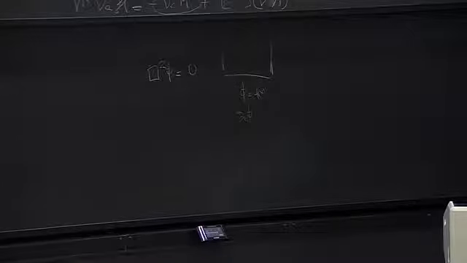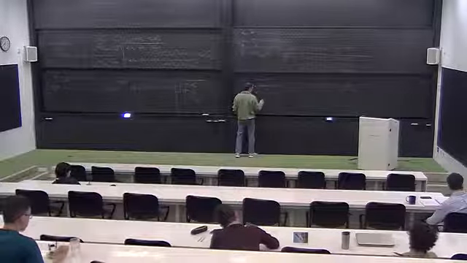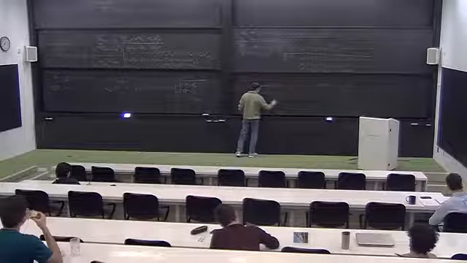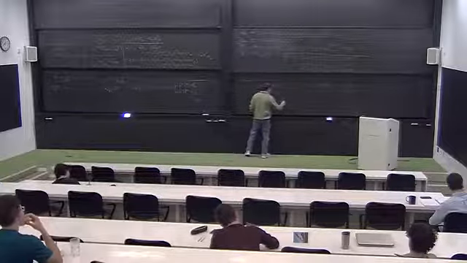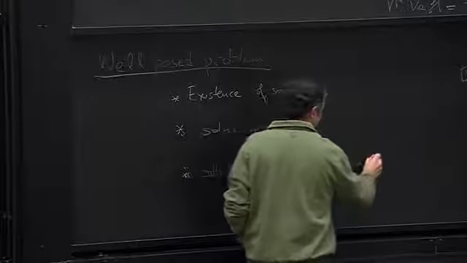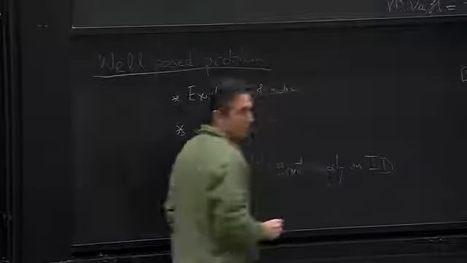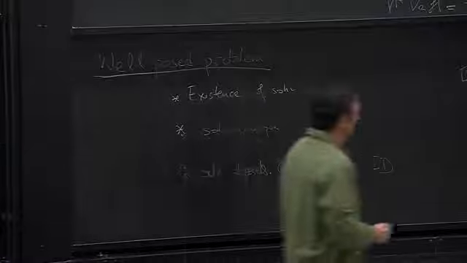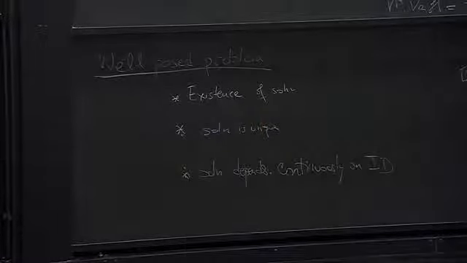But the other one that is more delicate is the following. The solution depends continuously on the initial data. So I need to explain what that is. Let's go back to our example. So now I don't mess up. I give all the initial data that I need.